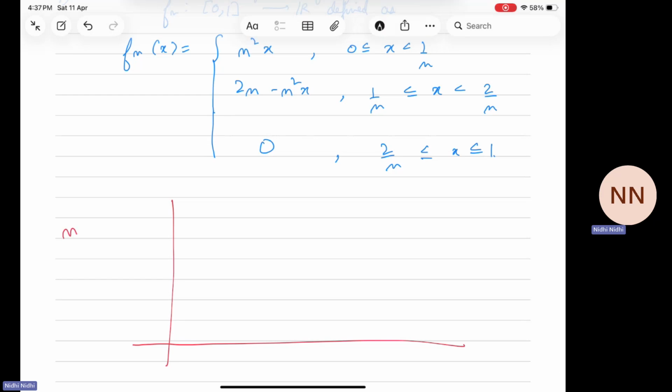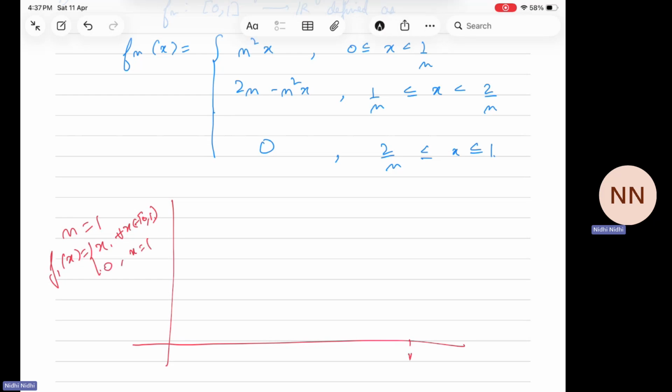So for n equals 1, fn(x) is equal to n square x. N is 1, so f1(x) is just x for all x between closed 0 and open 1, and this is equal to 0 for x equal to 1.